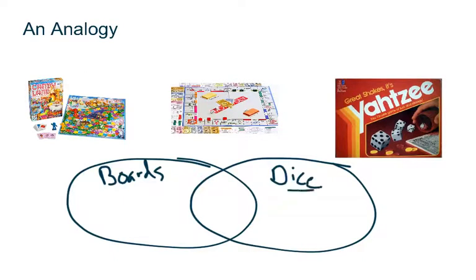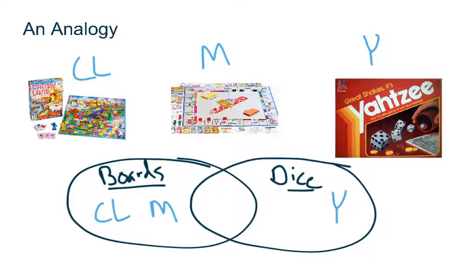All right, so boards and dice. And if we take a look at the games I have here, I have Candyland, Monopoly, and Yahtzee. Both Candyland and Monopoly have game boards, so they would go in here. And if we look at the ones with dice, Yahtzee definitely has dice, and Monopoly also has dice as the main means of moving players from point A to point B on the board.